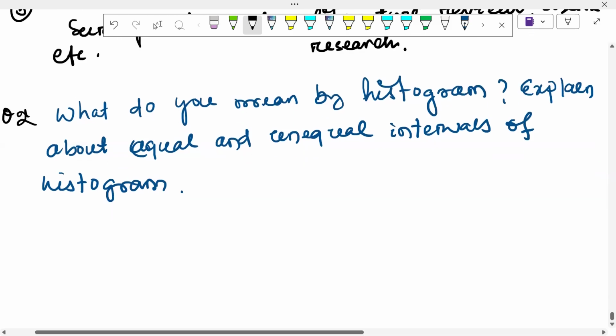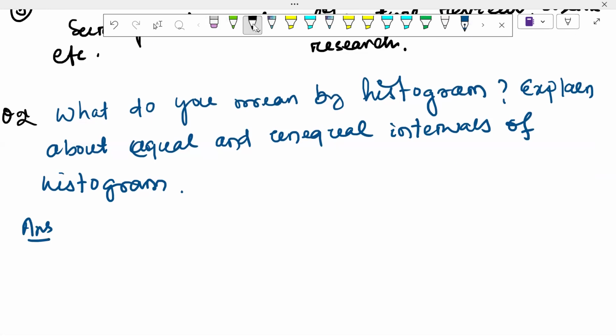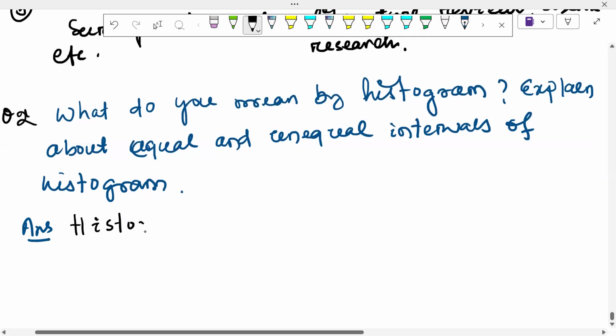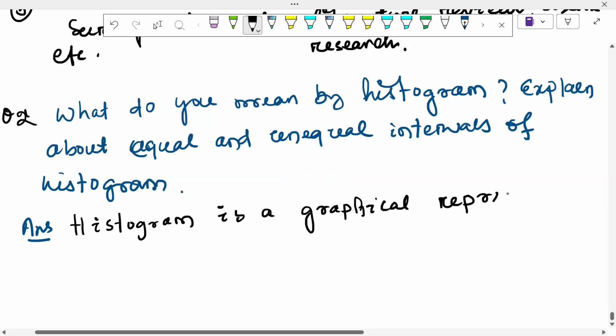So we write: histogram is a graphical representation of data.